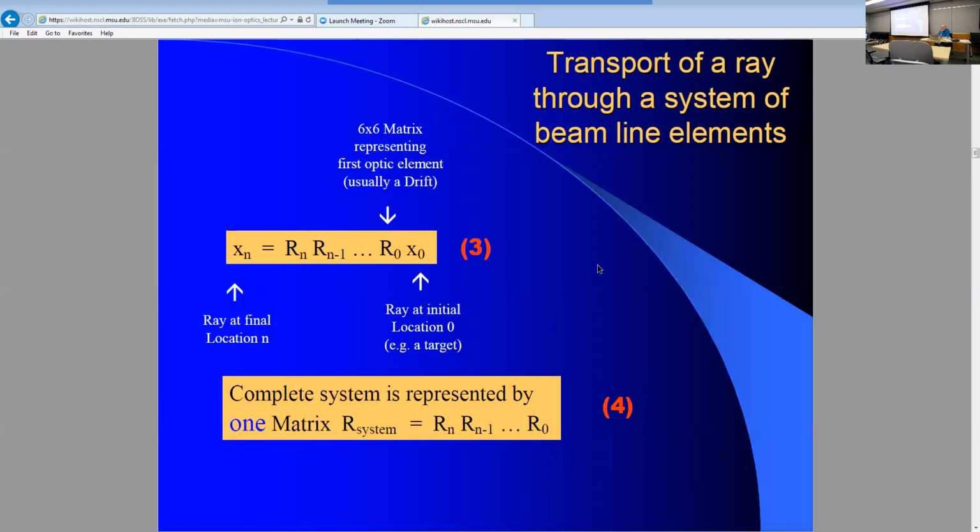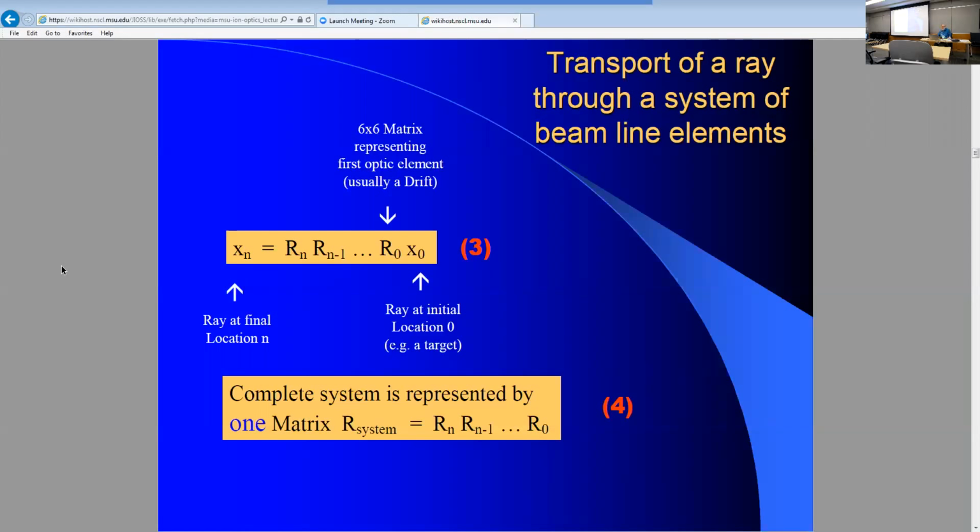And if well designed, with many zeros. That may help you to understand, and we will apply it later on when we learn about dispersion matching, etc. So complicated system, but one matrix.